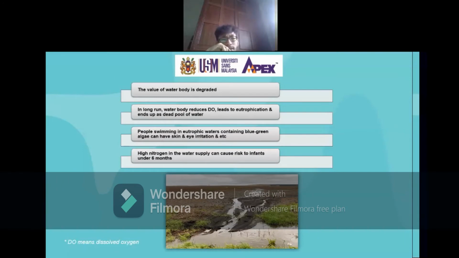This is the result when the agriculture runoff seeps into the ground. First, the quality of the water body becomes degraded, and then in the long run, the water body has reduced DO. DO is dissolved oxygen, and this will lead to eutrophication and end up as a dead pool of water.